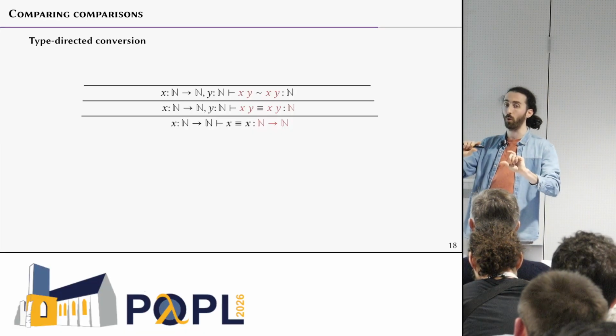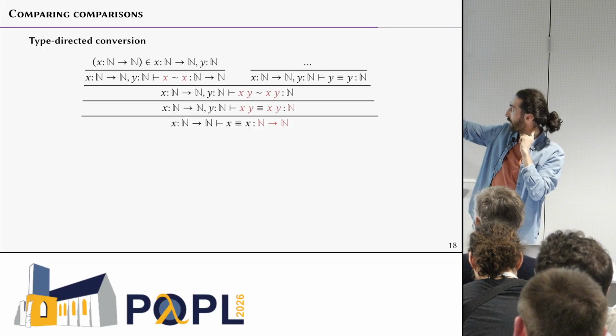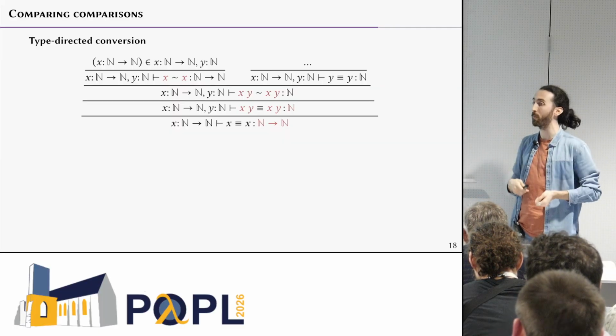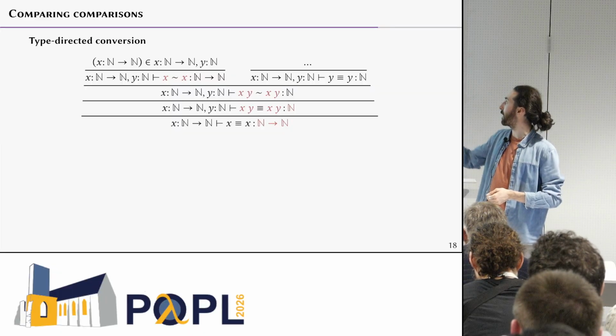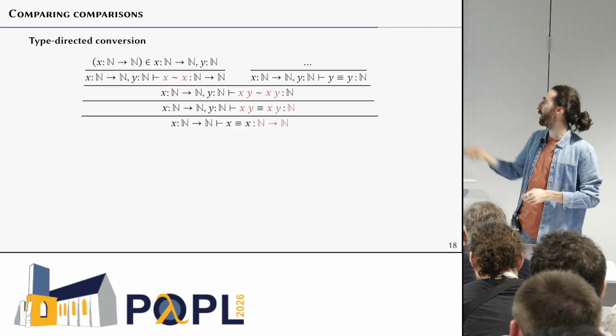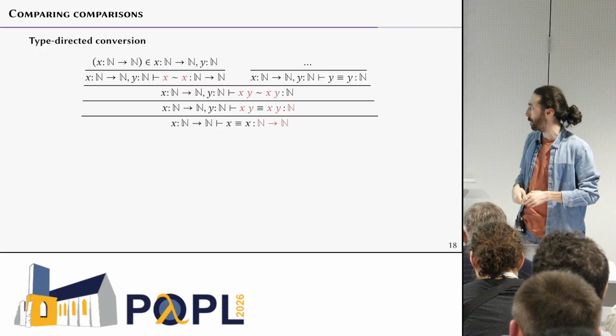You're going to apply the congruence rule of application, and you're going to compare x to itself again. And now this is a base case. This is a variable that's in your context. It's the same variable on both sides, so you're going to accept. And then on the right-hand side, you're going to compare the arguments for conversion again. And here, it's a variable again, so you're going to do the same thing as here. I'm omitting that part.